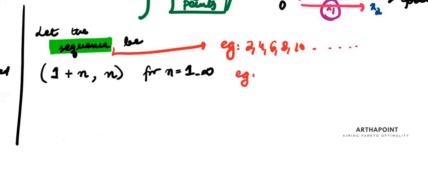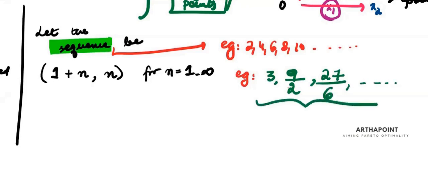My other sequence can be, let's say, 3, 9 by 2, 27 by 6, and so on.